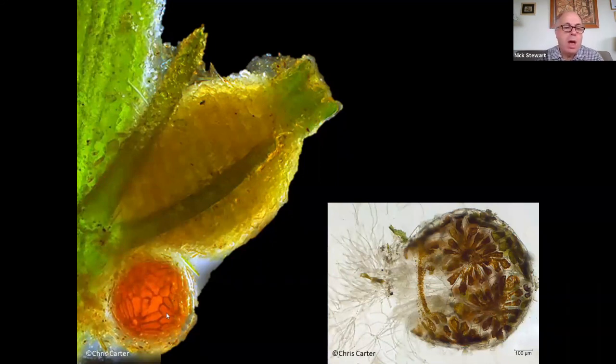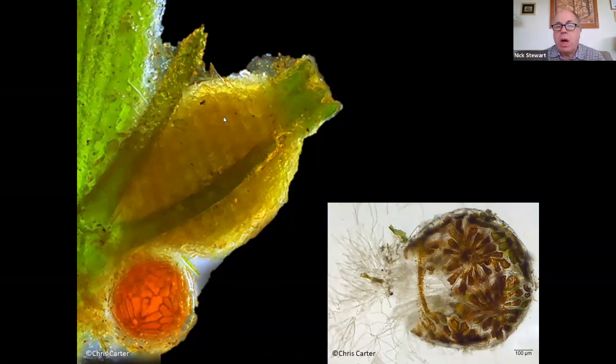They're about 0.5 millimeter in diameter, and inside those, when these mature, they burst open and release little motile anthrozoids, and these swim to the female, which is the oospore, and they actually swim in the crown at the top and fertilize the spore. And at that point, the spores become mature.